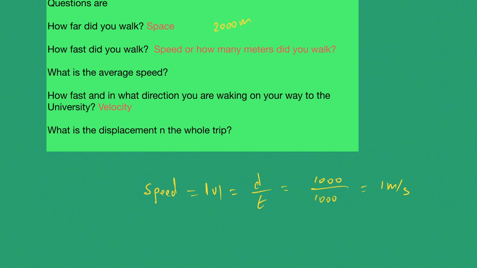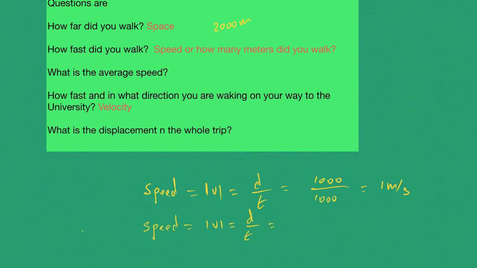If you want to find the speed over the whole trip, going to the university and coming back, the speed will be the distance traveled divided by the time elapsed to go and back.